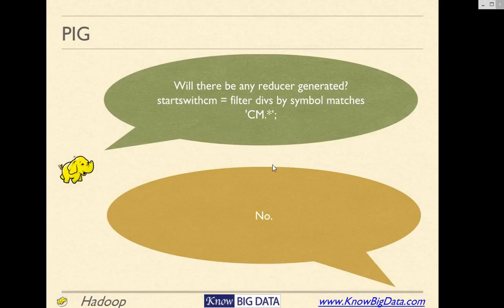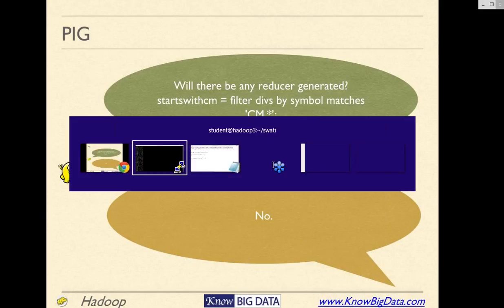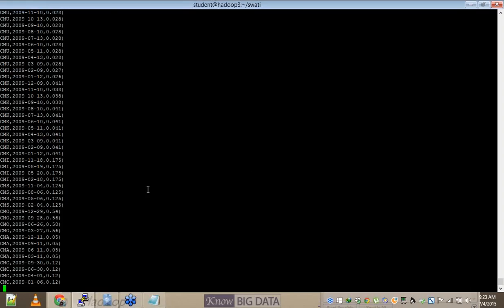Okay. Achinta says no. What about the rest of you? Yes, yes. So the answer is no, right? There is no reducer because there are no aggregations done, right?